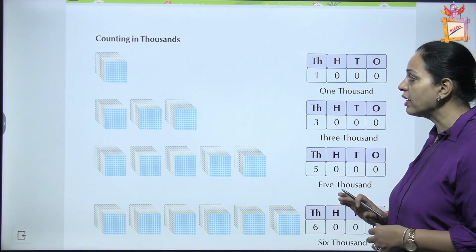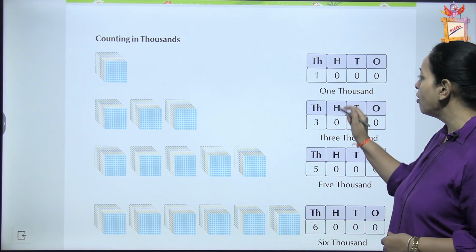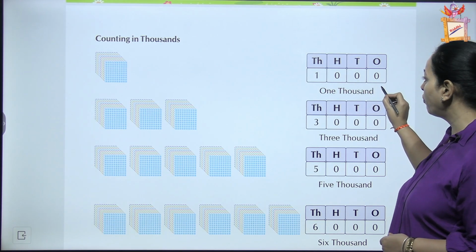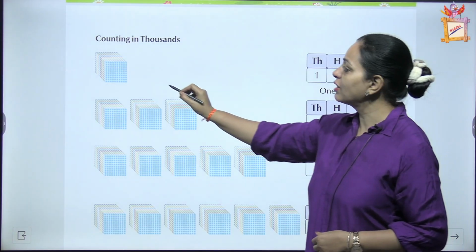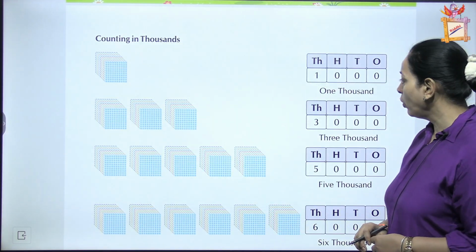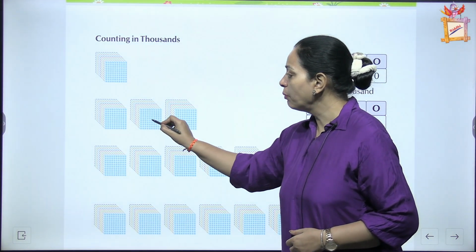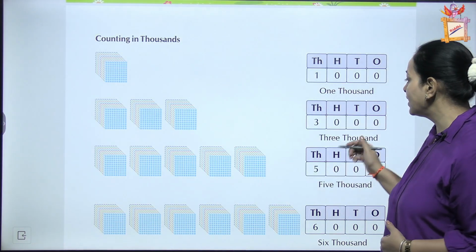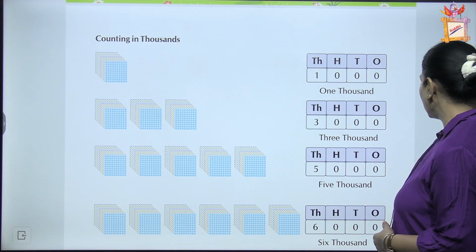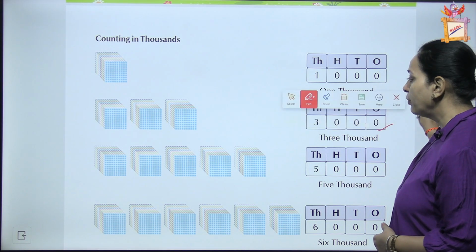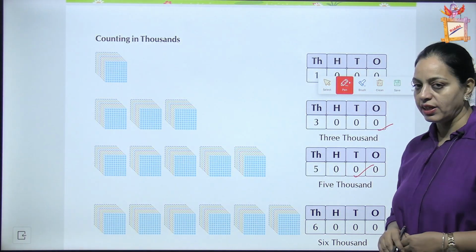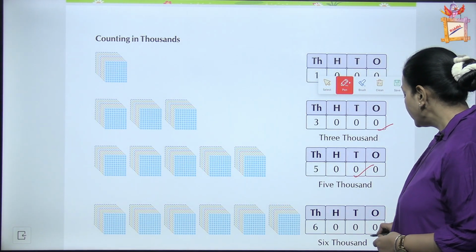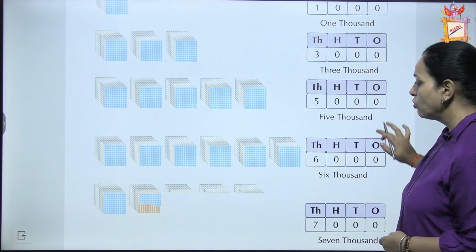Now counting in thousands. See here, 1000. How can we write it? 1000. Now here we have 3 blocks of 1000. It means 3000. Then we have 1, 2, 3, 4, 5, 5000. Then 6000.